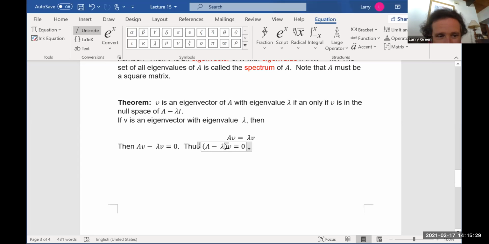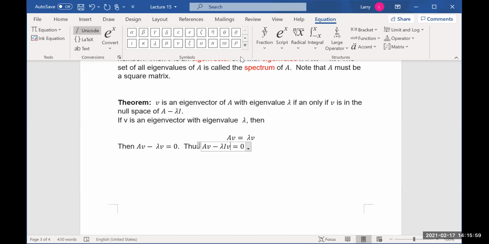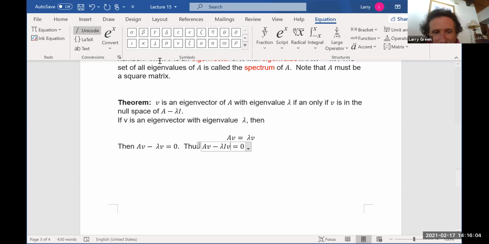I can go to where I was and say AV minus lambda times IV equals 0. Do you agree that V and IV are the same thing? Yeah. That's what the identity does, right? Okay, so we know that AV minus lambda I times V is equal to 0.